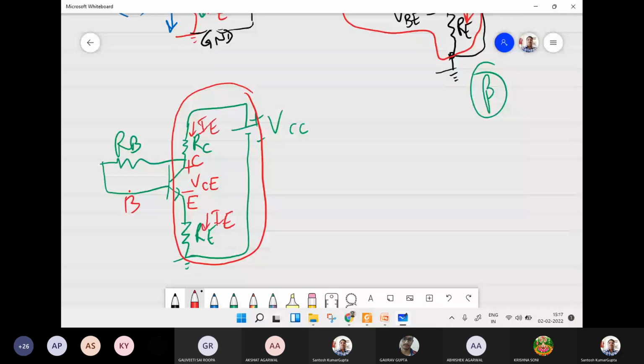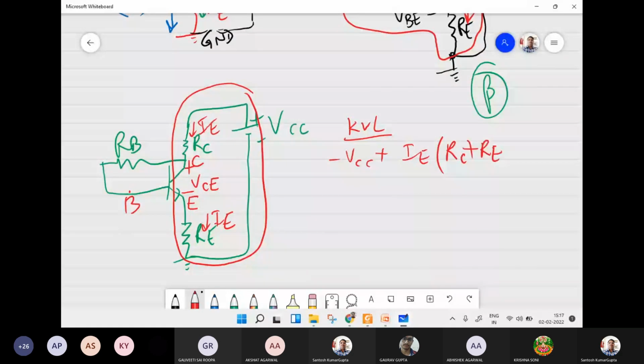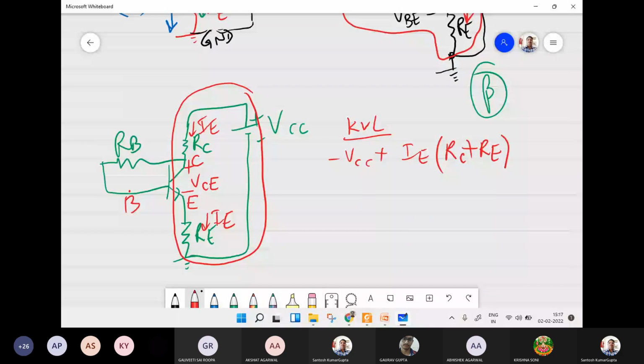So it will be minus VCC plus IE times (RC plus RE). We can write it together because the same current is flowing through RC and RE, plus VCE to be equal to 0.